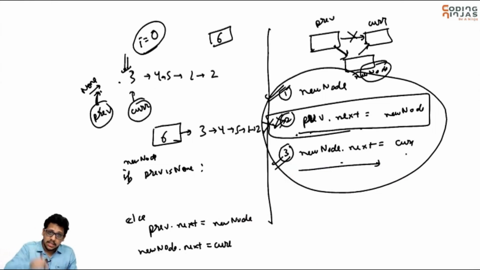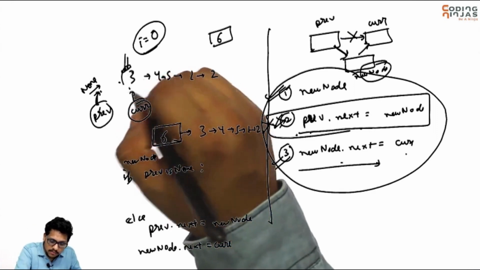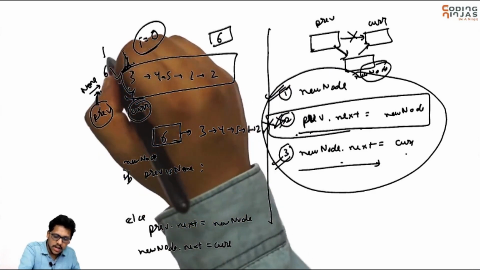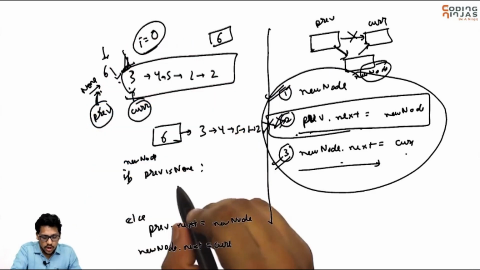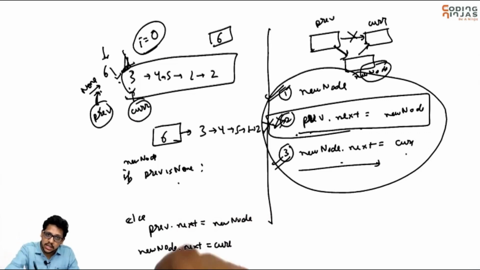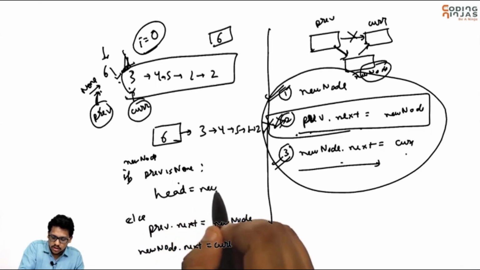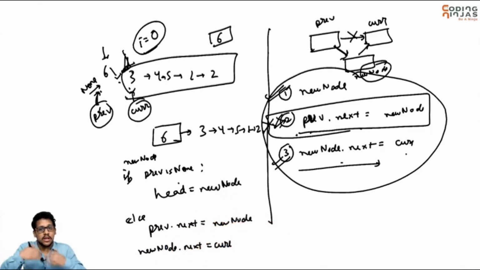But if previous is none, that means the head of the linked list is getting changed. So you have to change the head of the linked list. Before inserting 6, your head was 3. Now you have inserted 6, your head has become this. So if your previous is none, that means you are inserting at I equal to 0. That means your head is becoming this new node. That's why you have to return the linked list as well. In the end, you have to return head as well.